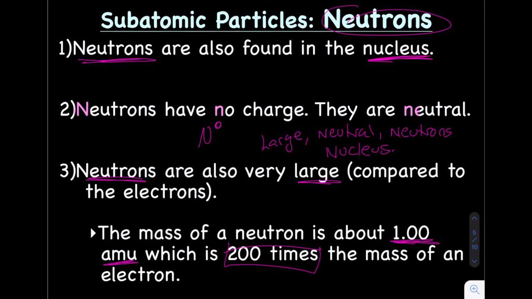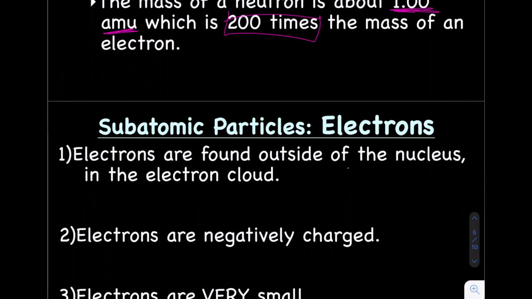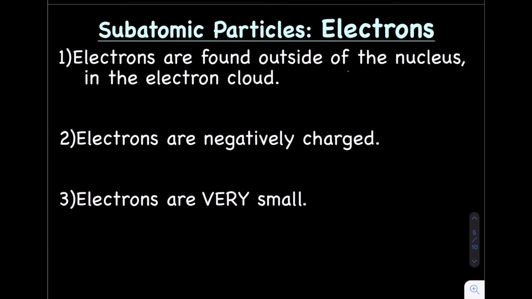All right, we've talked about protons and neutrons, so let's talk about the third and final subatomic particle, which is the electron. So, electrons. Electrons are the only subatomic particle type that is not found in the nucleus.